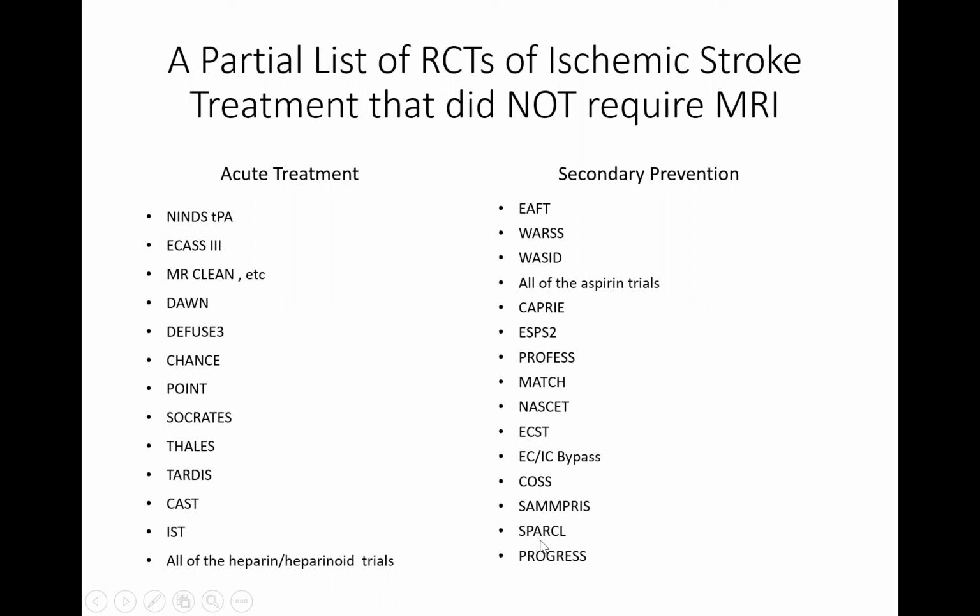So most of what we do is not based on having data from MRI.